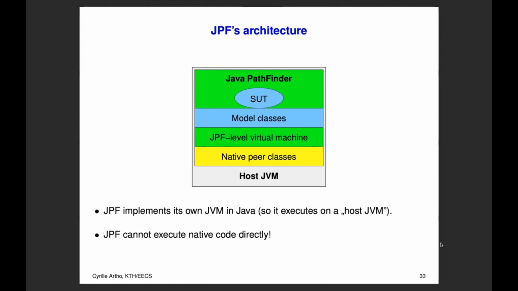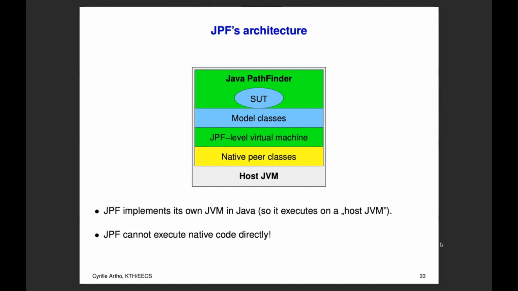But sometimes you want to access more advanced functionality, such as native code. The problem is that native code is written in C and it doesn't interact with JPF, so we don't know what happens. One way to deal with this is to build a so-called model class, where we re-implement native code in Java. And in that case, we can see what happens inside, and we can track all the memory modifications of the heap space and stack and so on.